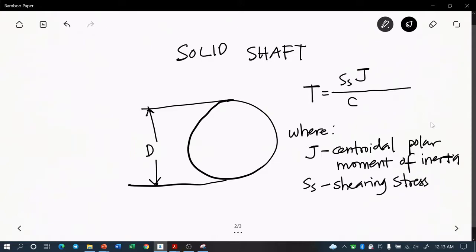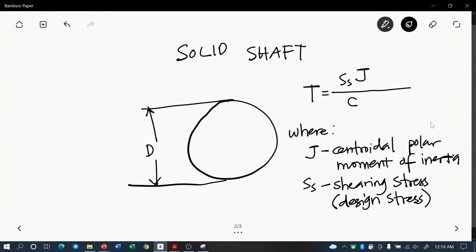But this shearing stress that will be solved in this particular expression is the design stress, meaning that it has already been used with the design factor, because we have a shearing stress that is calculated from the yield strength, and it will be discussed as we go on.